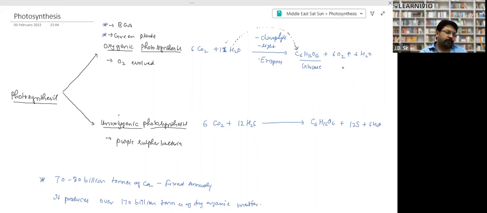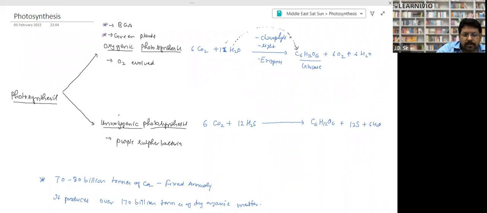The oxygen which we breathe comes from the water, not from the carbon dioxide. If you want, please note it down. The oxygen which we breathe and which is present in the air comes from water, not from carbon dioxide.